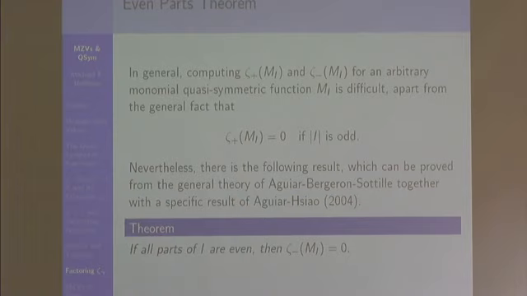But this is why it's good to go to conferences, to have people point these things out to you. So anyway, this is a theorem that if your composition I here consists entirely of even parts, then the odd part of the factorization just sends the thing to 0. But otherwise, the general quasi-symmetric functions are not particularly nice.